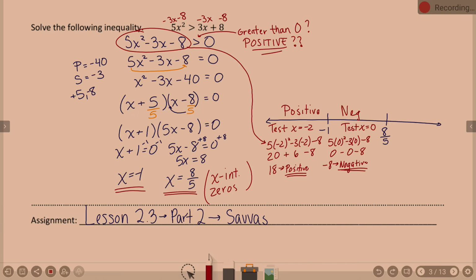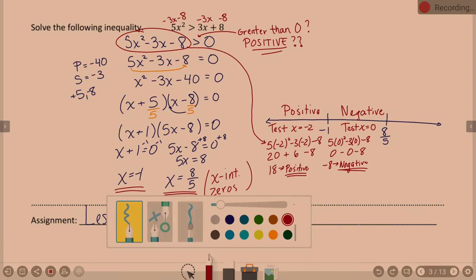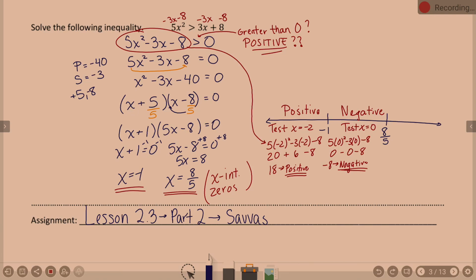Now, what about to the right of 8/5? Could we use 2? It just has to be bigger than 8/5, yes? 8/5 is 1 and 3/5, or 1.6.